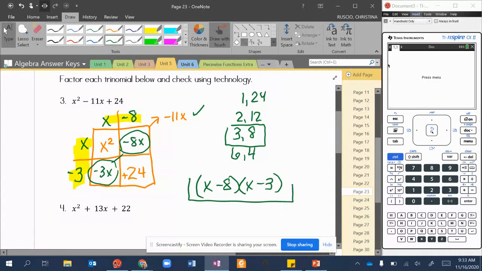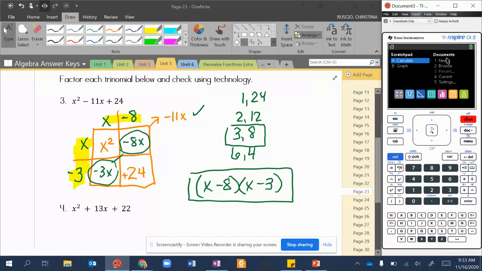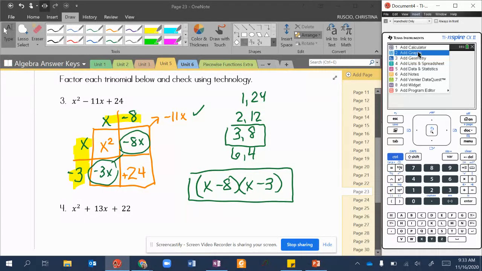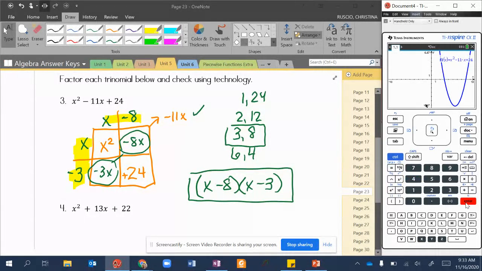Okay, let's head over to our calculator, do a quick check. So we are going to start a new document and we are going to graph them. I know it seems weird, but we're going to graph x squared minus 11x plus 24. And then hit tab, right?